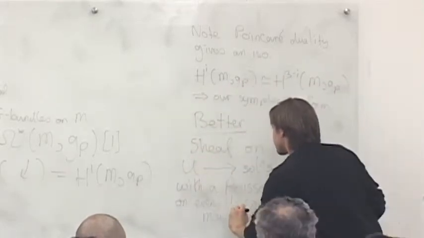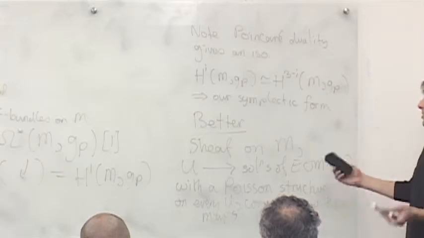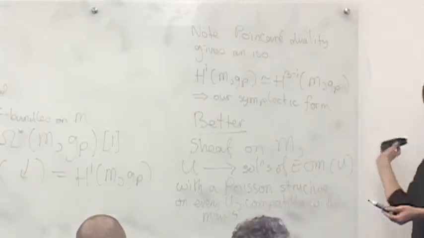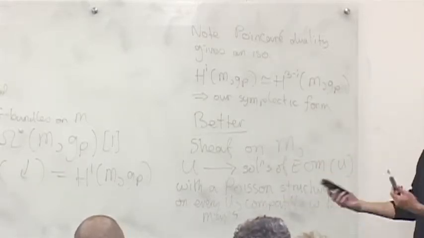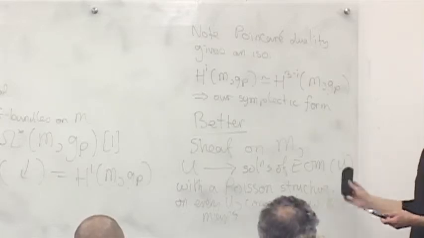And being pedantic, it's not, strictly speaking, a sheaf of Poisson manifolds, because the limits in the category of Poisson manifolds are not the same as they are in ordinary manifolds.